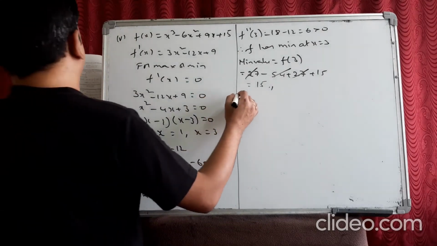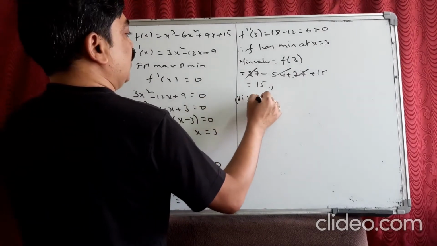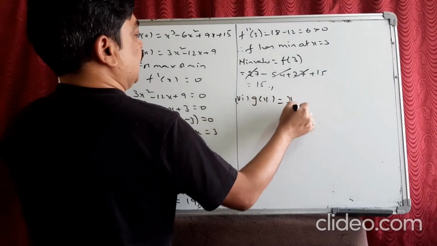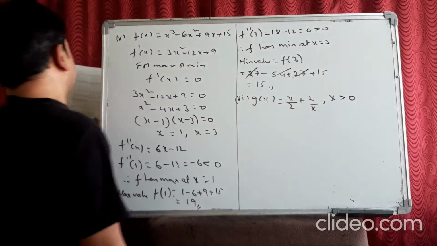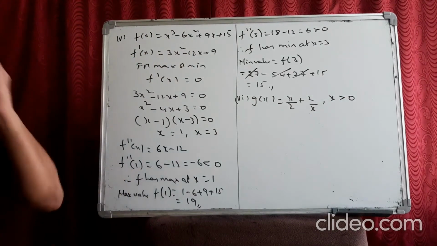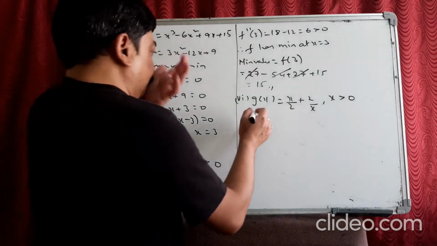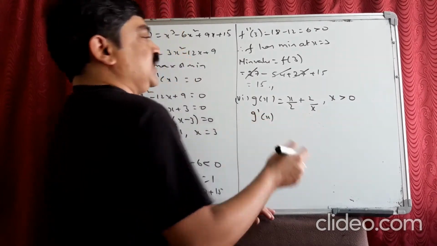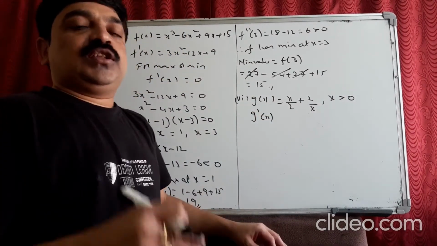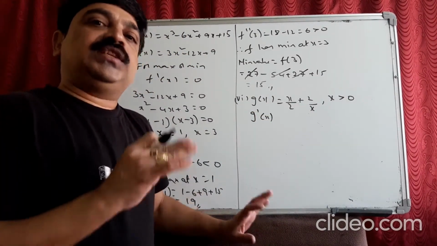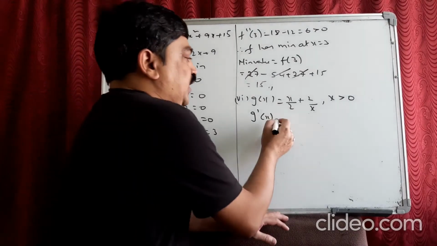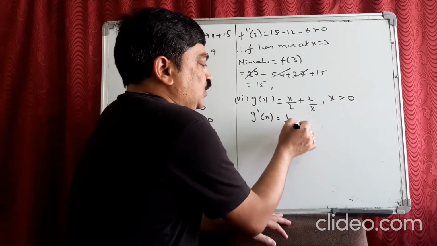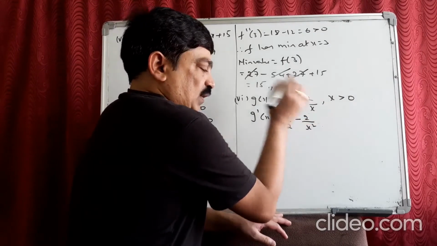Next question, 6th one. g of x is equal to x by 2 plus 2 by x, and you are asked to take x positive values only. Let us take the differentiation, because this is the chapter application of derivatives, so the basic thing that we have to do is differentiate the given function for maximum or minimum. g dash of x becomes 1 by 2 minus 2 by x square.